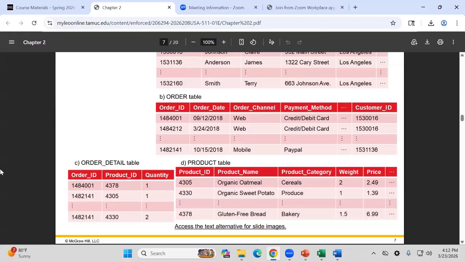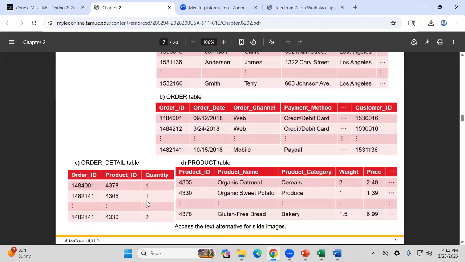And eventually, you see, we have an order detail, right? If you have a very good design, eventually, when the customer places an order, the order detail only records numerical values. That will be perfect. Why?